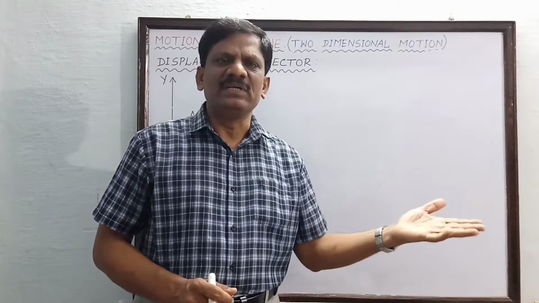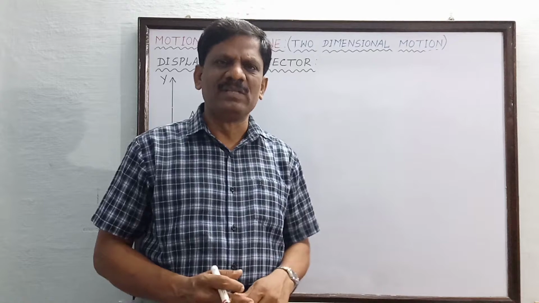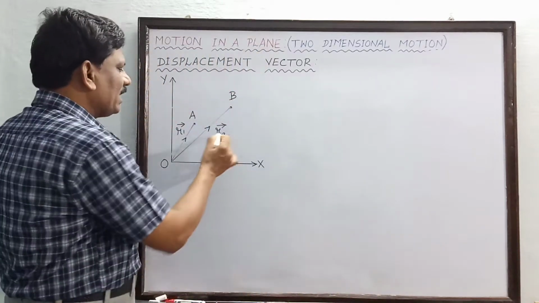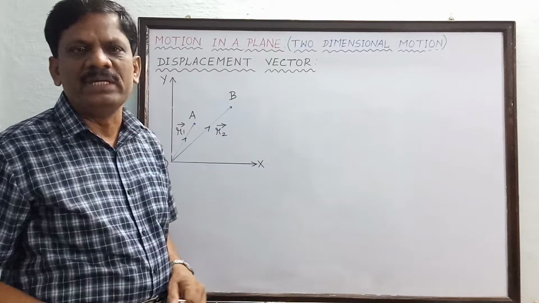Then after a certain time, at t2 for example, the position of the particle has changed to B, so that the position vector R2 is equal to the vector OB.